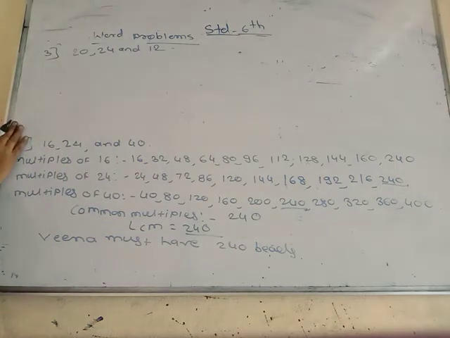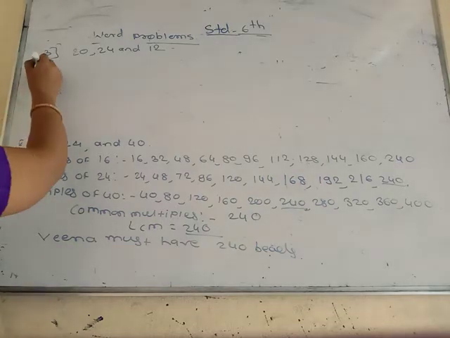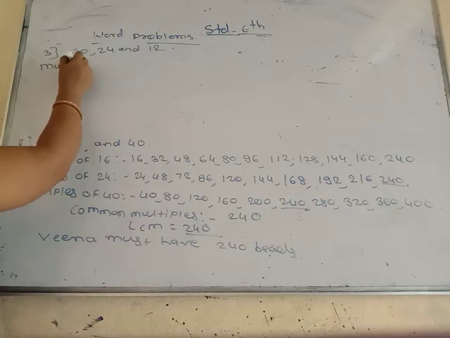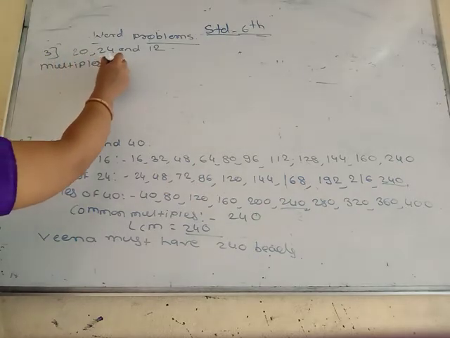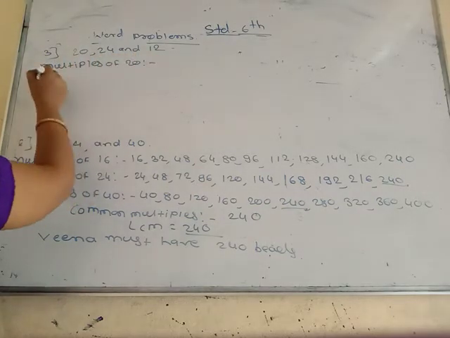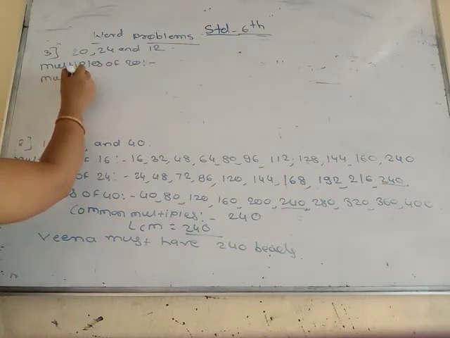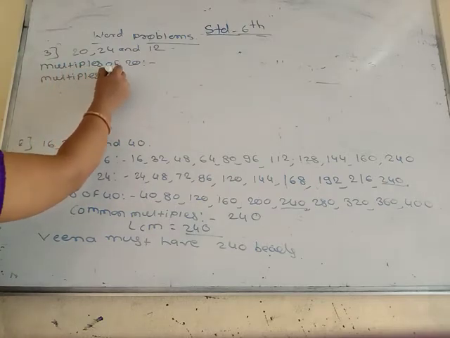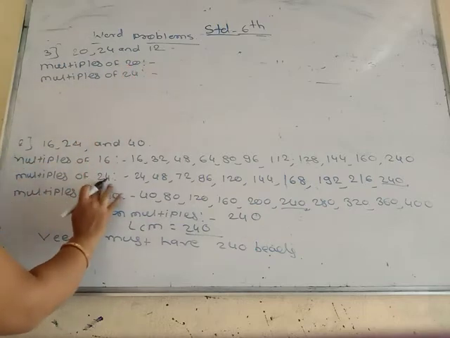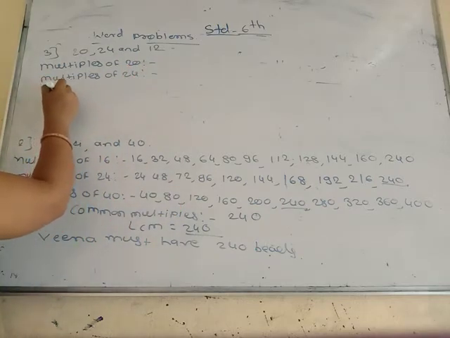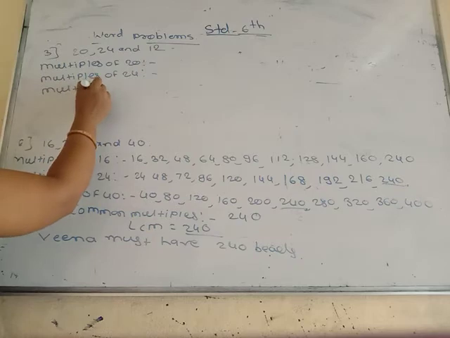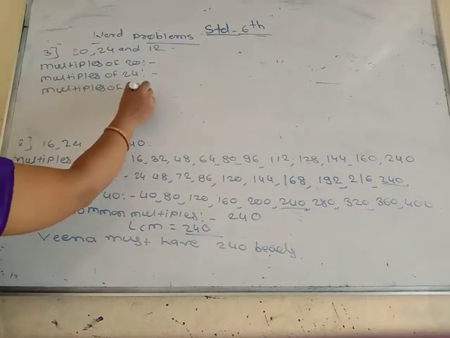Then write the multiples of 20, the multiples of 24, and the multiples of 12.